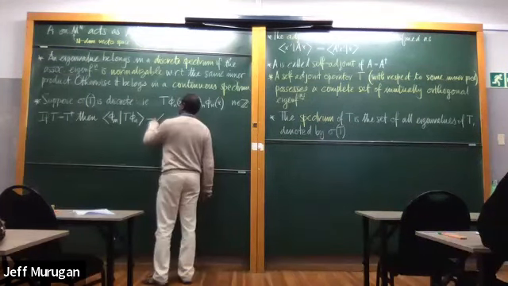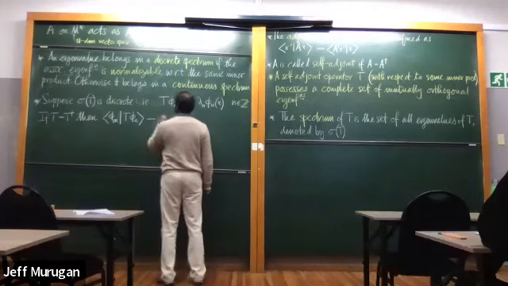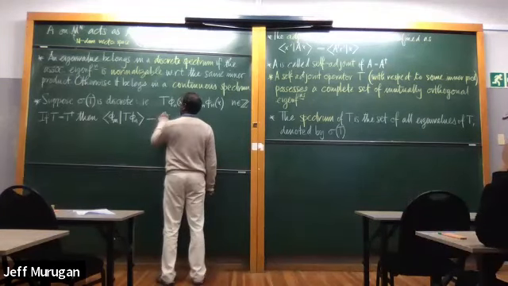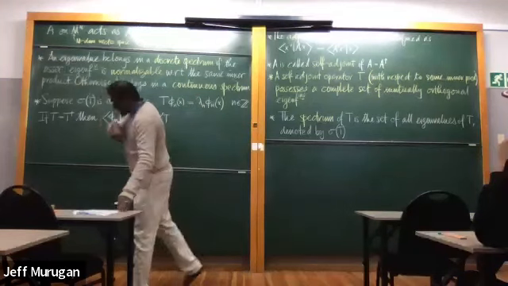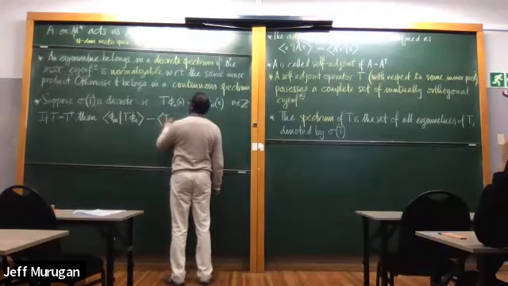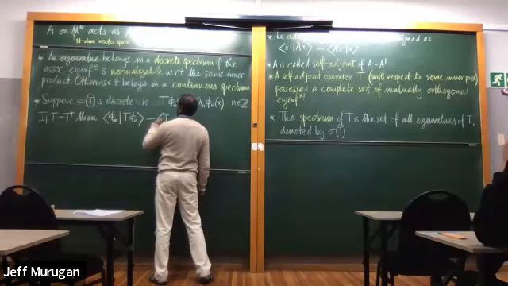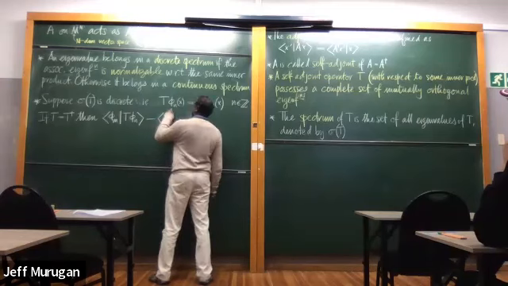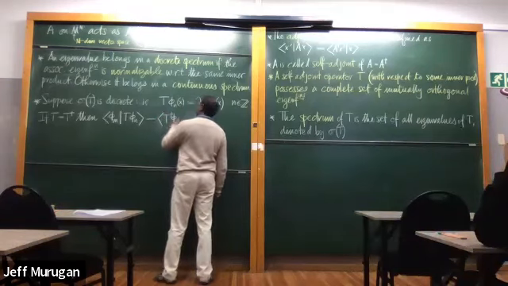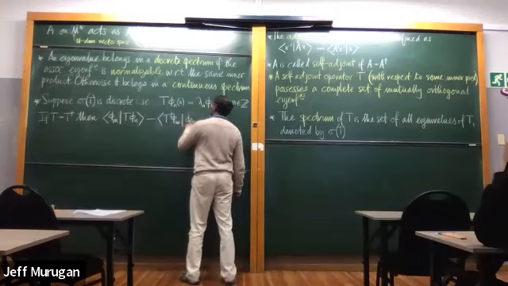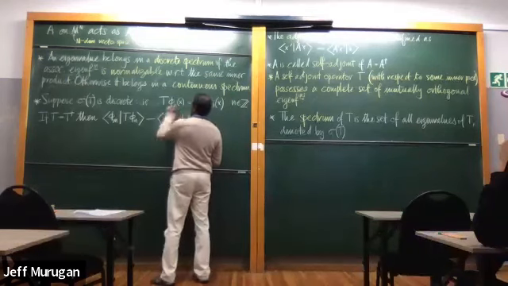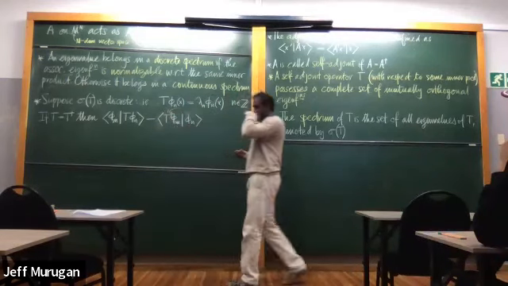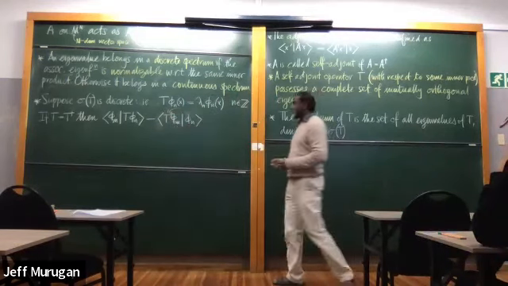Then if I calculate, if I subtract from this T dagger acting on phi_m with phi_n, I essentially just move the T from there to there, it becomes T dagger, where T is equal to T dagger.